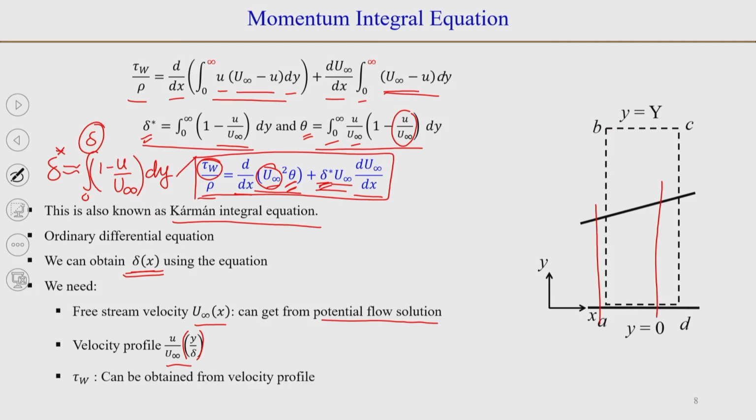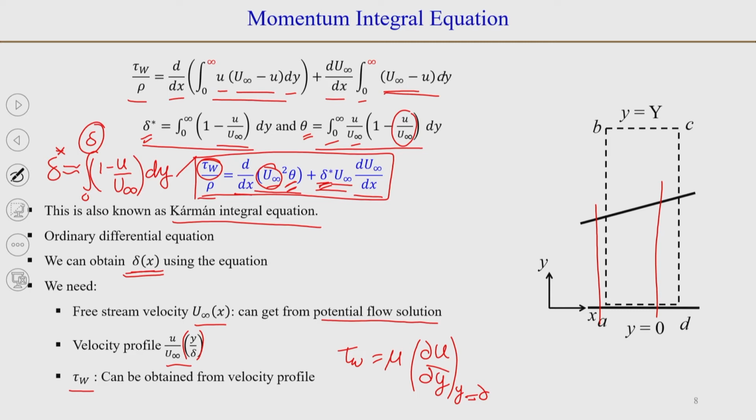And we also need tau w, but when we know the velocity profile, we can find tau w, because tau w is nothing but mu dou u by dou y at y equal to 0. So, once we know the velocity profile, we can also find tau w.